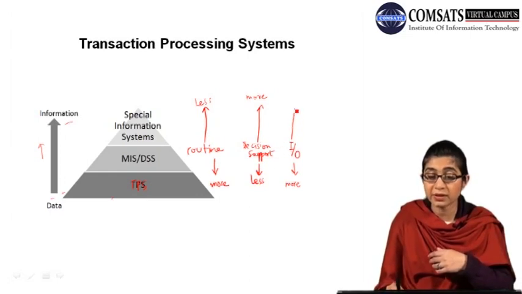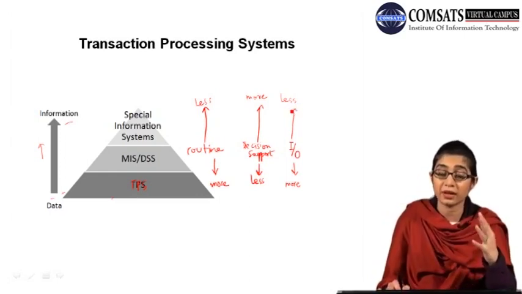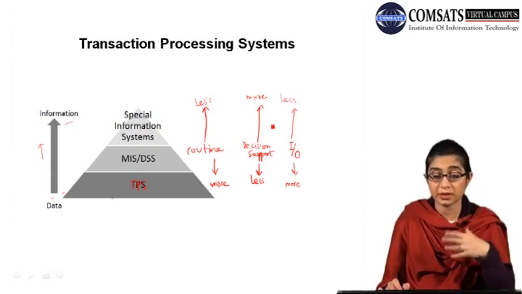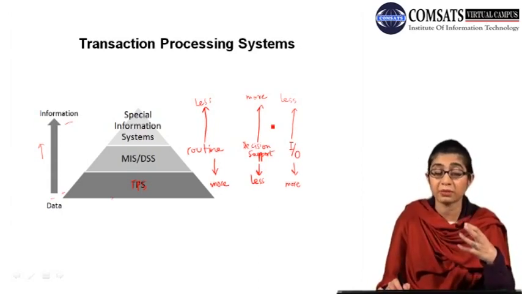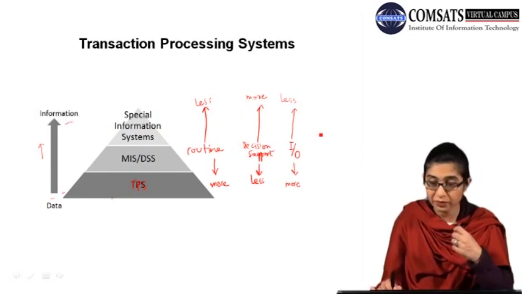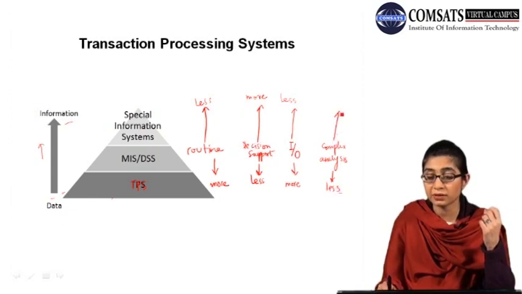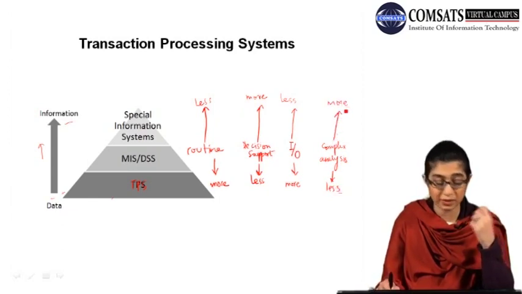Input and output are less at the higher end because there are very specific kinds of problems at the very higher end. As you go up the hierarchy, there are very specific problem-related issues whose input and output will not be as large, but their complexity will be greater. So, like I said, complex analysis would be less at the TPS level and more as we move upwards in the hierarchy.